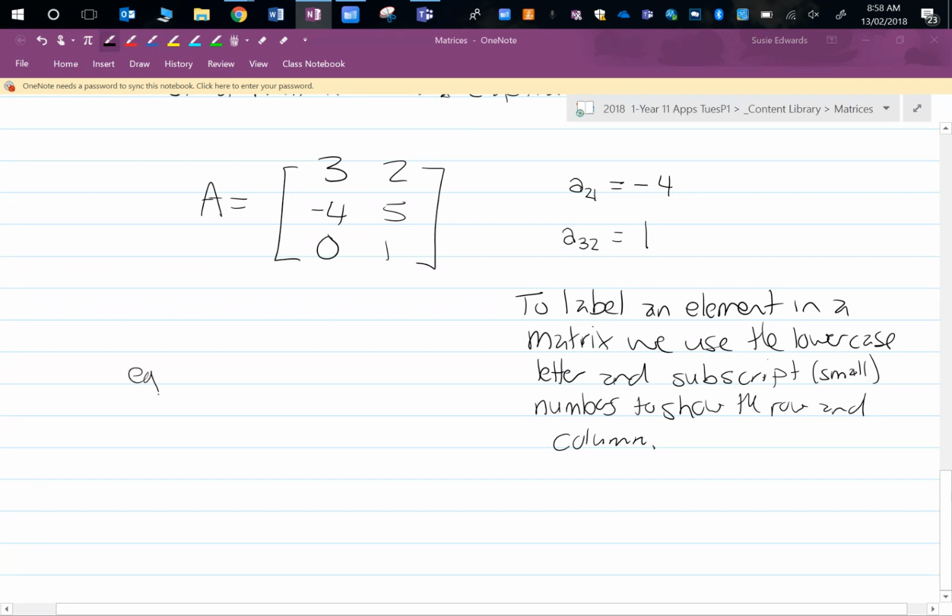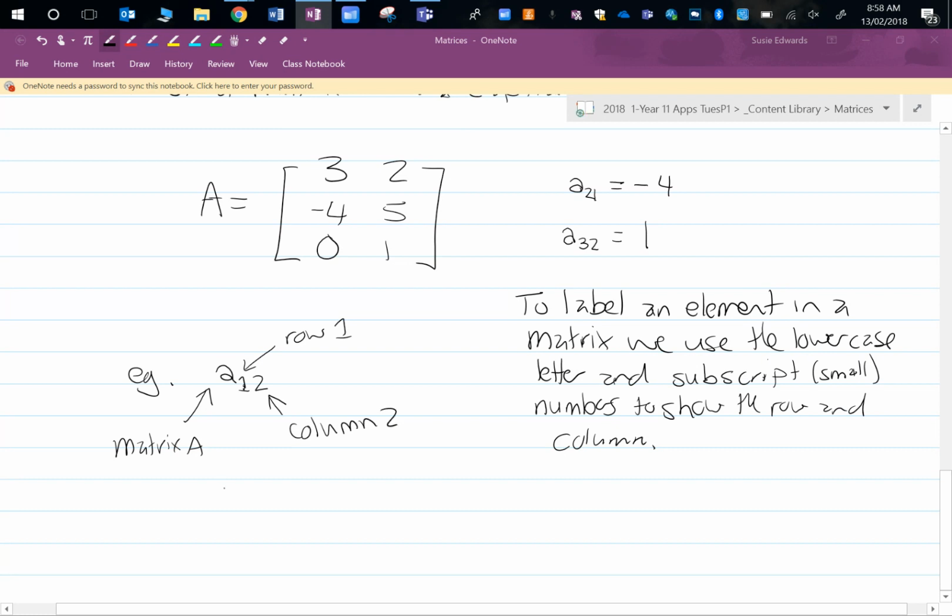So e.g., if we go a 1,2, the a means matrix A. The 1 means row 1. Oh, hang on, can't do 3, can we? Can do 2. There weren't 3 columns. The 2 means column 2.